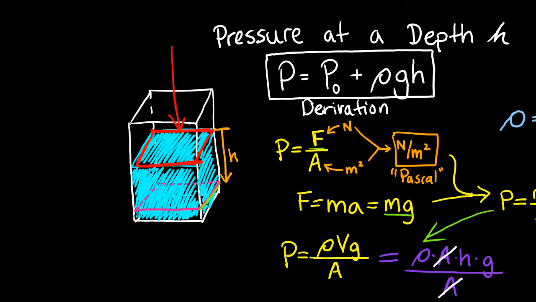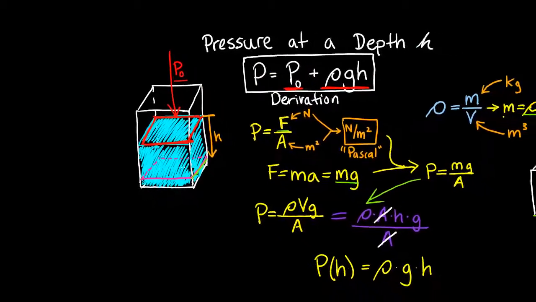We're going to call that atmospheric pressure P sub 0 or P sub naught. Atmospheric pressure in pascals must be added to the rho g h equation to determine the true pressure at a certain depth.